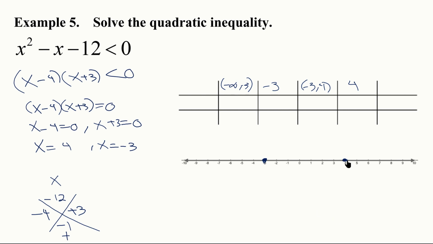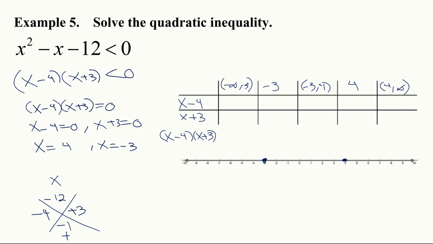And then the region to the right of 4, so 4 to infinity. Now we want to know what happens to each of these factors, and then, of course, the product. We can look at the product once we have those results.